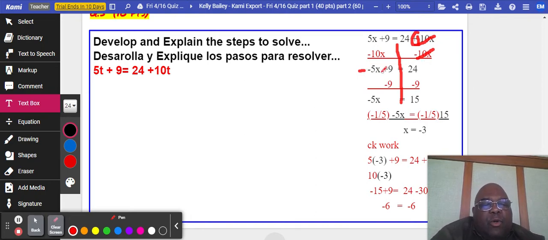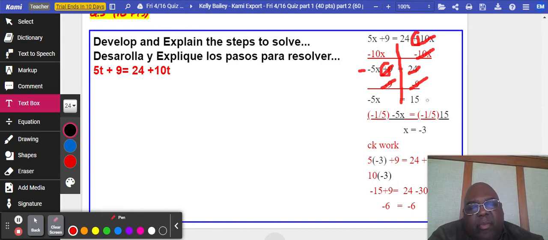Now I want to move all my numbers to the right. The opposite of addition is subtraction, so I'm going to subtract 9 from the left and the right. This 9 cancels with this 9. We bring down that negative 5x. 24 minus 9 becomes positive 15.